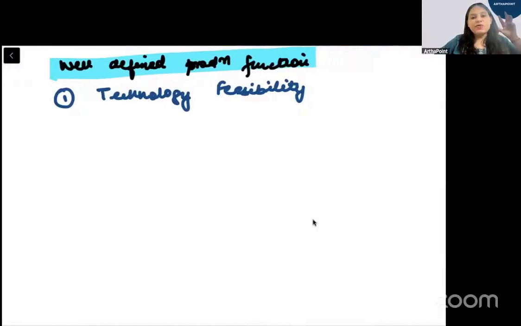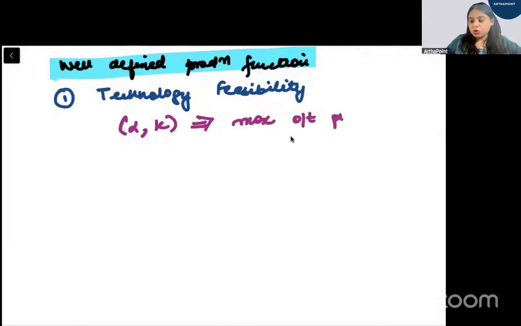That with the given inputs, we should be able to produce the maximum output possible. जो भी हमें inputs दिए गए हैं, उससे हम maximum output को produce कर पाए. We have to remain efficient, right? So the technology feasibility says that whatever input combination we are using, we should be able to produce maximum output possible, right?